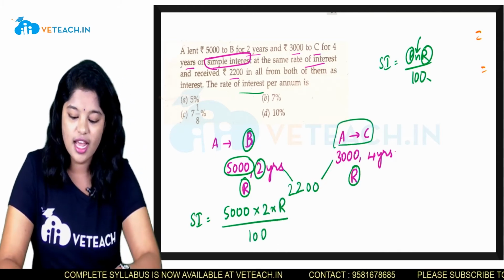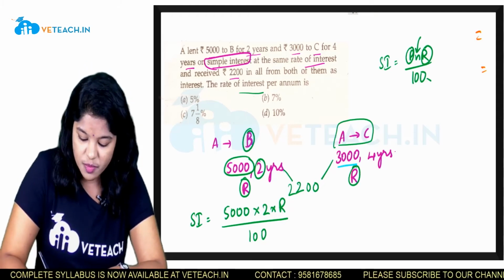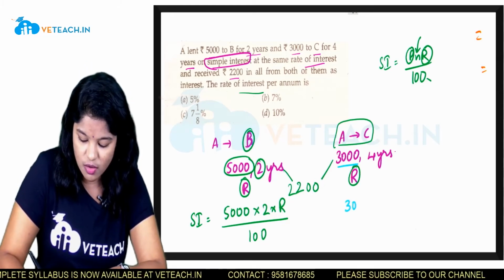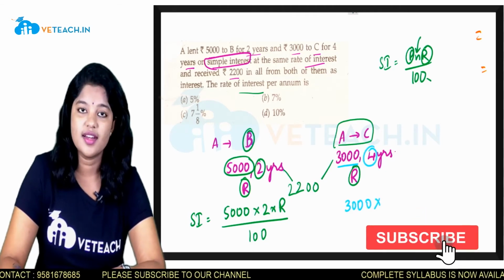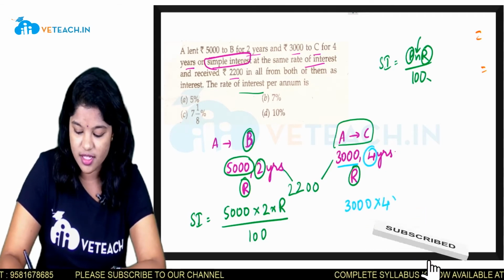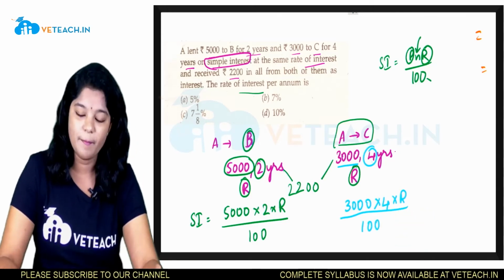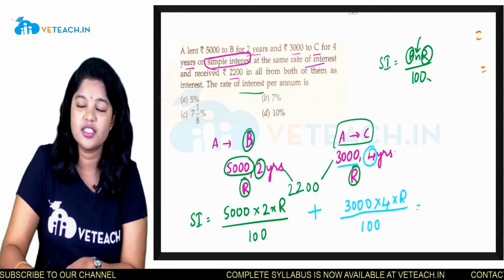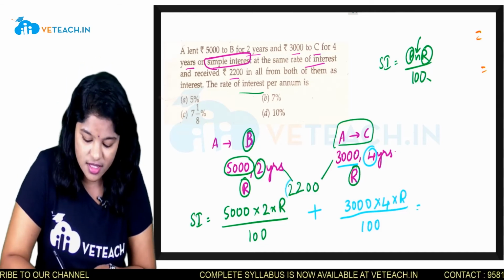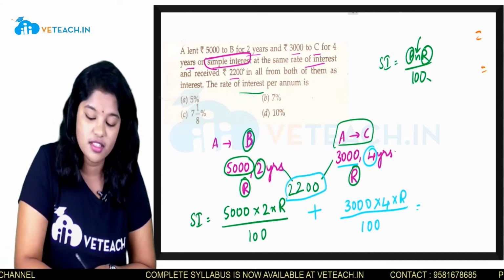Let us calculate the simple interest for C: the principal amount is 3,000 rupees, into N equals 4 years, into rate of interest R divided by 100. Now add both values. If we add both simple interests, the sum should be equal to 2,200, because it is specified in the question.